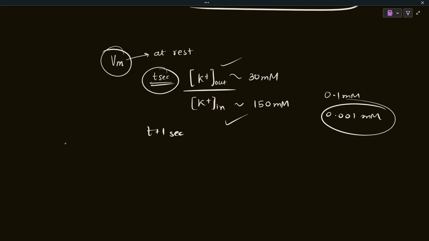So it's like the all or none law. If the threshold is passed, then that potential is going to travel from one end to the other all the way around. But if that threshold is not passed, it won't be generated and it won't be passed down. So it is either all or none, and that is why we call it the all or none law.